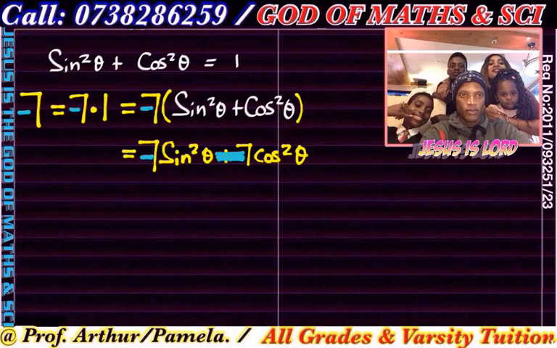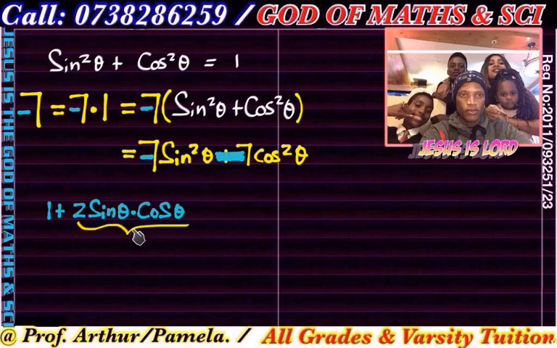All right, let me give you an example. Let's say you're given 1 plus 2 sine of theta multiplied by cos of theta. When you look at it, this is the multiplication of sine and cos, and there is a number. So that number needs to be changed using this method.